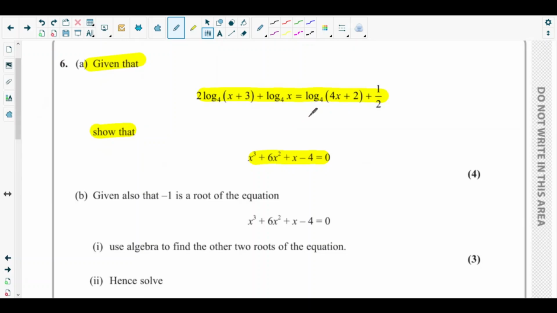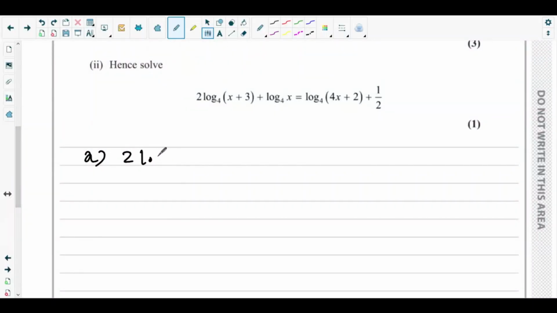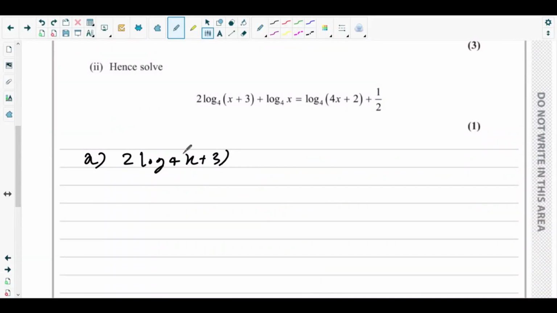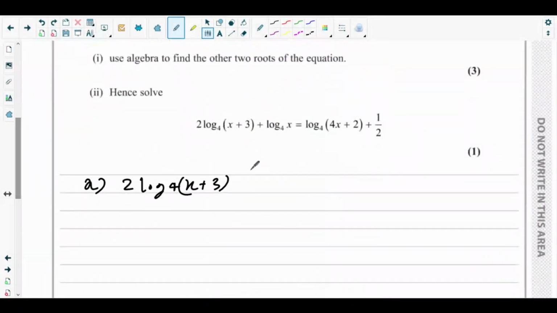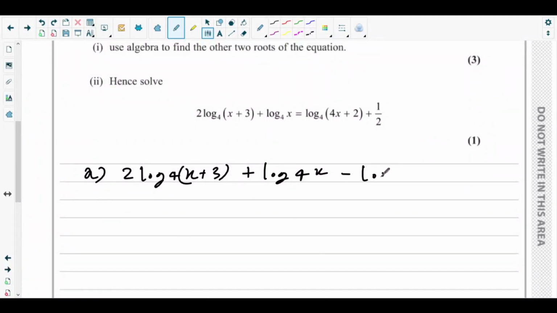So we got logarithmic terms with base 4. So let's take the logarithmic terms with base 4 to one side, so that we can take common. So log base 4 of (x plus 3), the first one, and then plus log base 4 of x, and then minus log base 4 of (4x plus 2), this equals half.